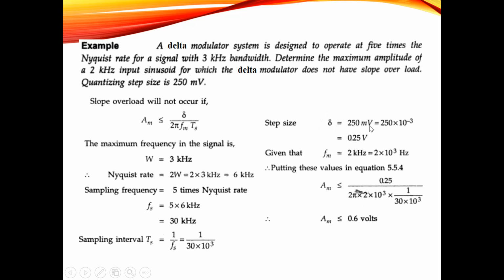The step size is 250 millivolts, converted to volts, that is 0.25 volts. Given that fm is equal to 2 kilohertz, putting all the values in the equation, A should be less than delta divided by 2 pi fm Ts. So the amplitude of x(t) to avoid slope overload distortion should be less than or equal to 0.6 volts.